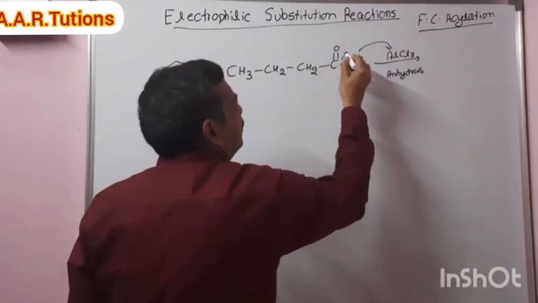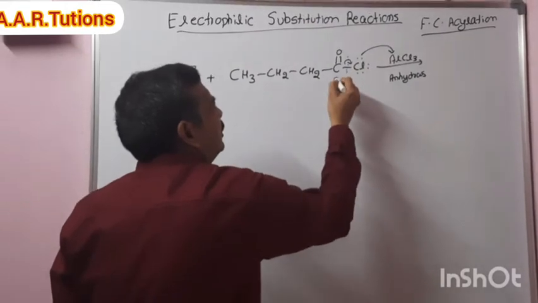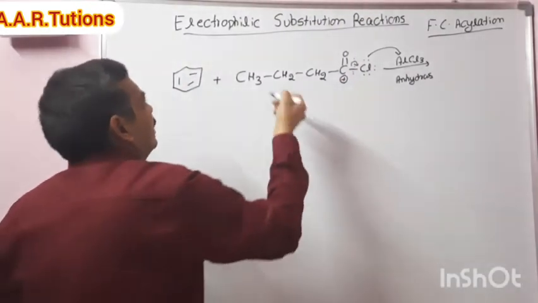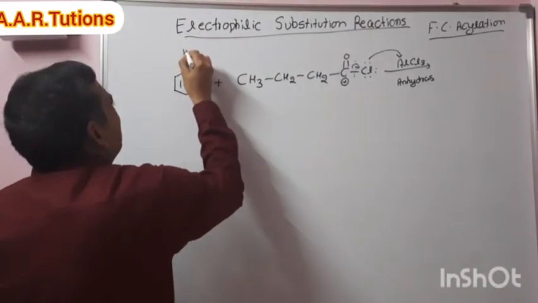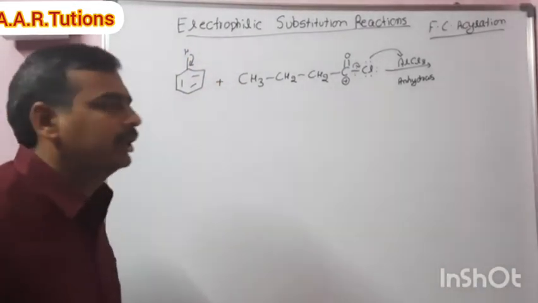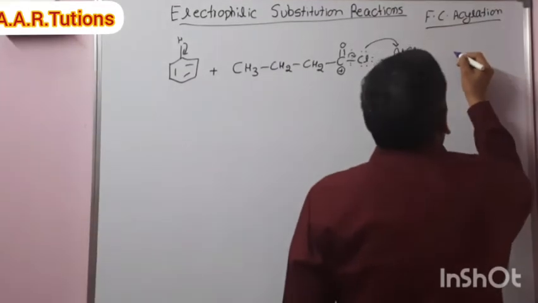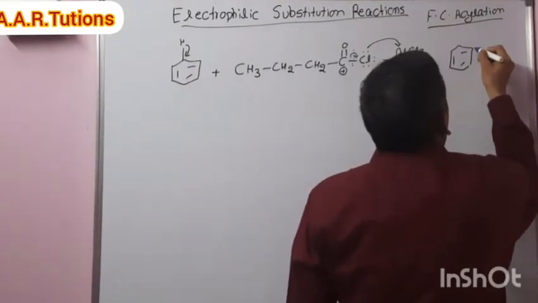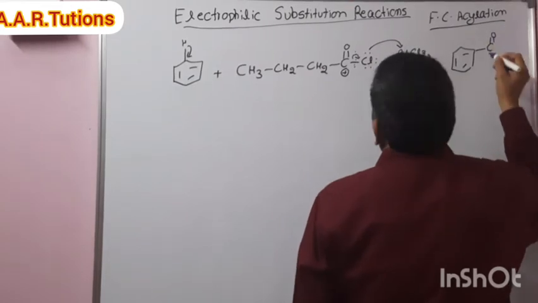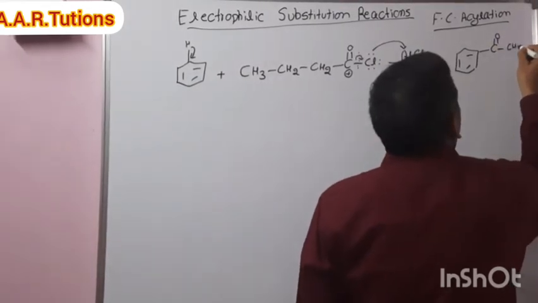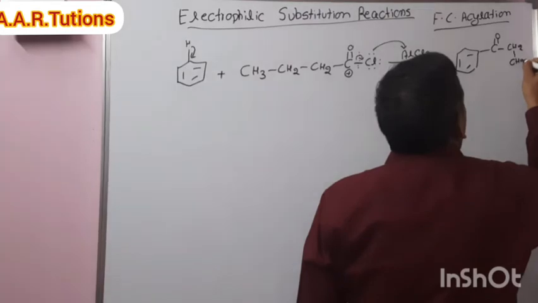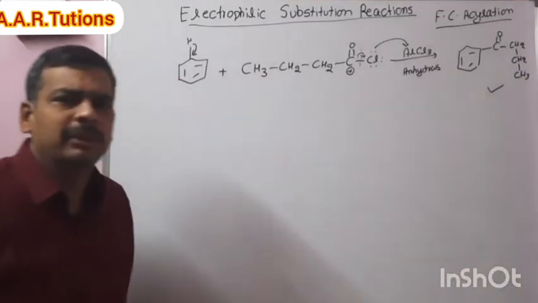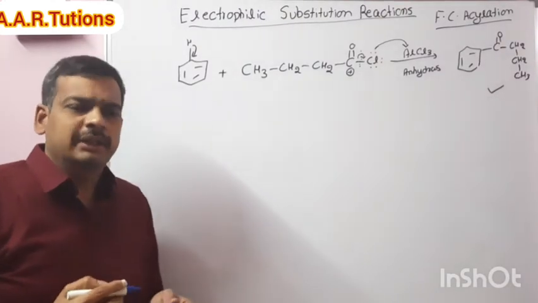After that, this bond becomes weak, undergoing cleavage. So the positive charge, the acylium ion, will attack benzene. It is an electrophilic substitution reaction, so I will write the final product directly: COCH2CH2CH3.